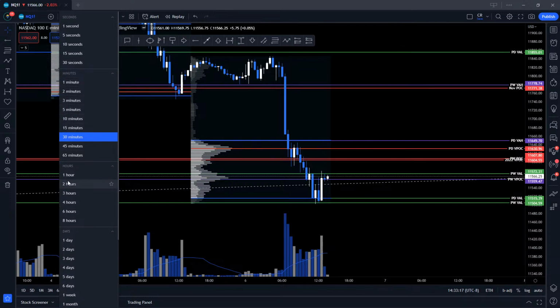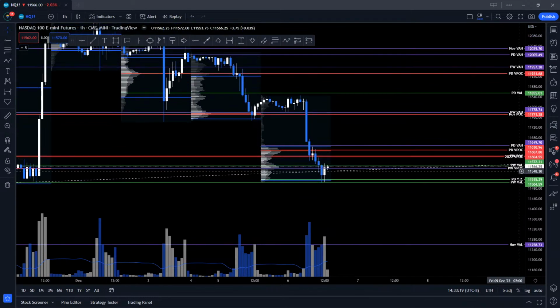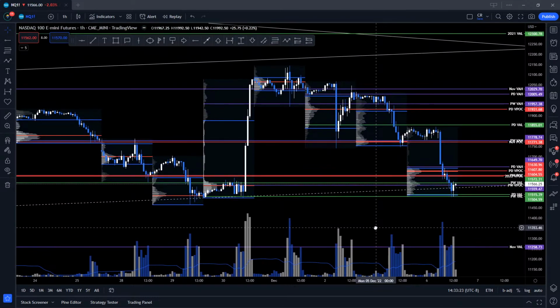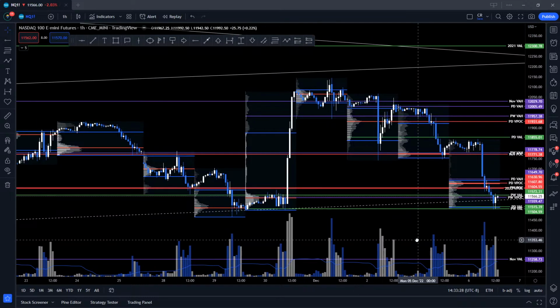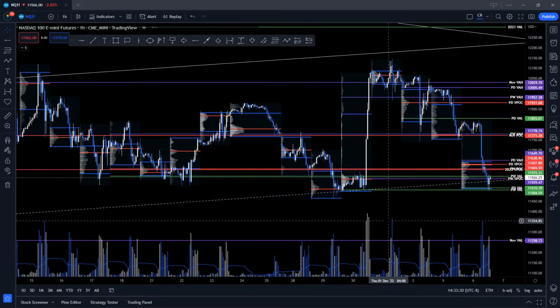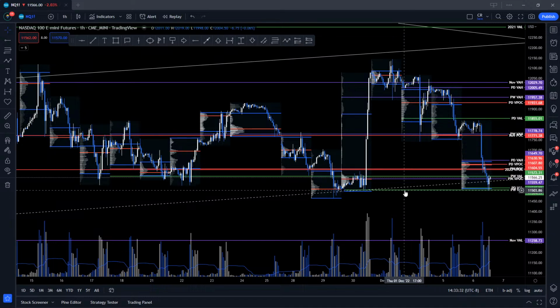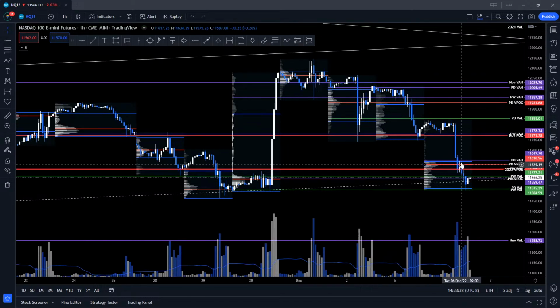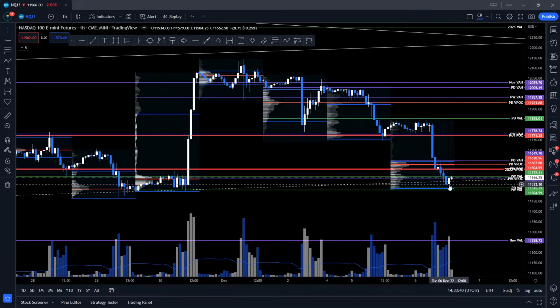Sorry, I want to zoom out really quick. This actually probably was a great long swing for tomorrow.